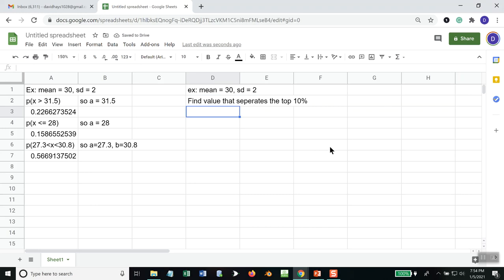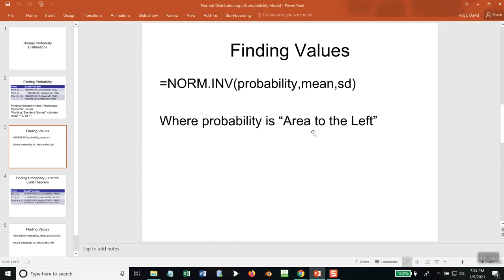I don't have my tablet with me, so I can't really draw. But if you draw a bell curve, top 10% means you've got 10% in your right tail. If you've got 10% in your right tail, you've got 90% in your body. This norm.inv is based upon the area to the left.